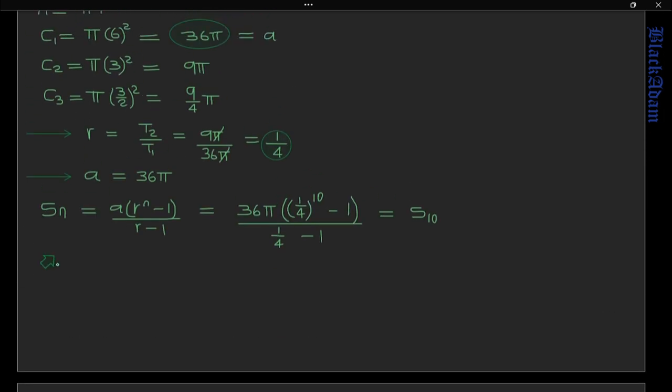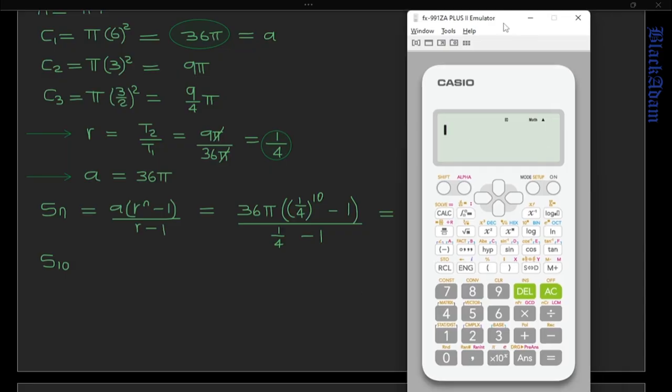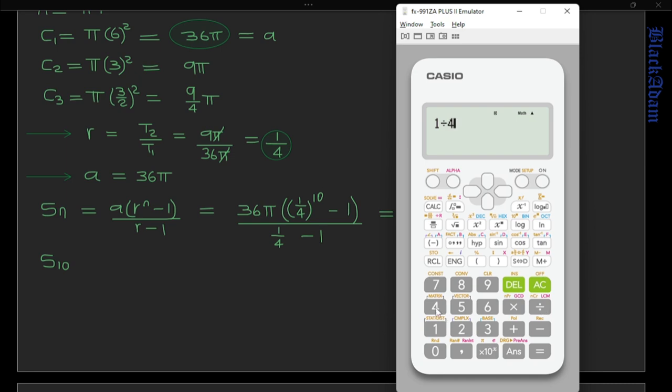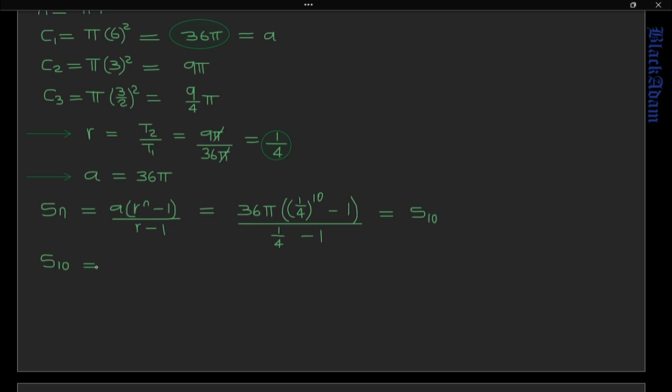That gives us the sum of 10. Using our calculator, it's 1 divided by 4 to the power 10, minus 1, multiplied by 36 pi, that's going to be negative 113.0972277, all over 1/4 minus 1, which is negative 3/4.